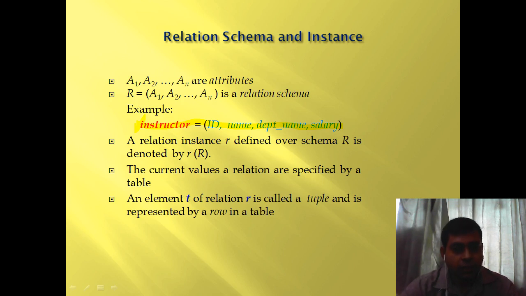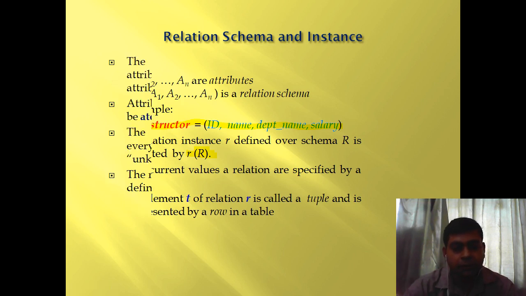Mathematically we can tell it like small r and within bracket capital R. Capital R is the relation and r of R is denoting the instance. And if we talk about a particular tuple in that instance, that means an element t of relation r is called a tuple and it is represented by a row in that table.